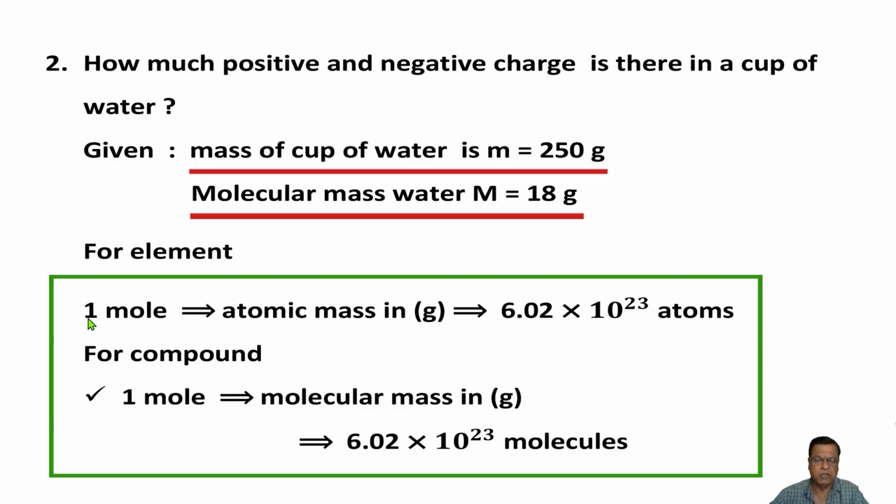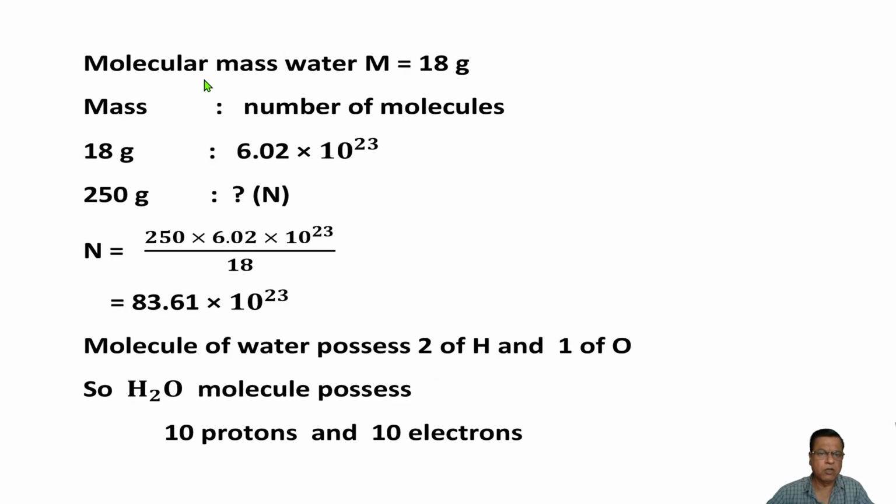So if you are given elements, then consider this one. And if you are given a compound, then you consider this one. This much molecules of H2O is equal to 1 mole of water and equal to 18 gram water. So we will calculate the number of molecules in 250 gram. The molecular mass of water M equal to 18 gram.